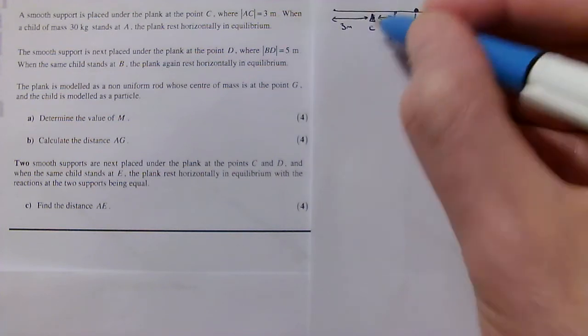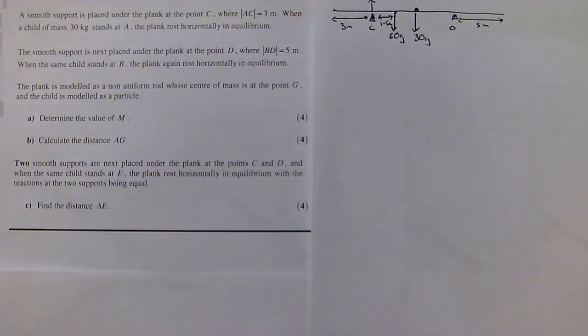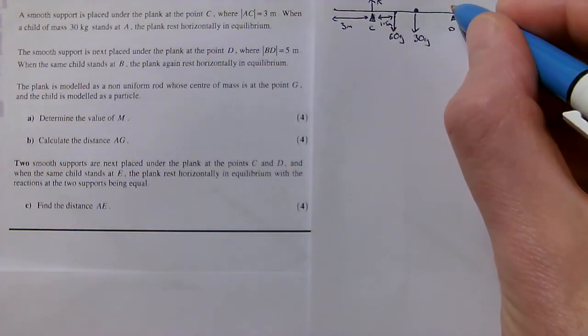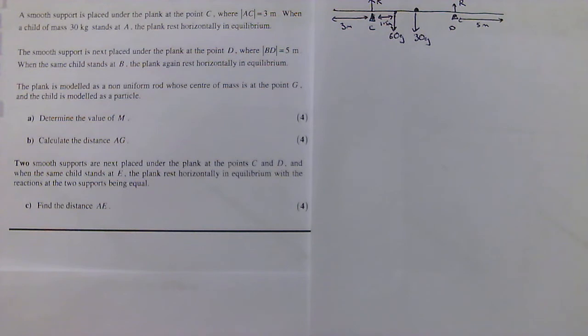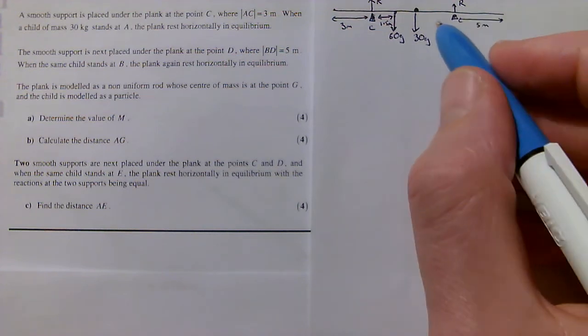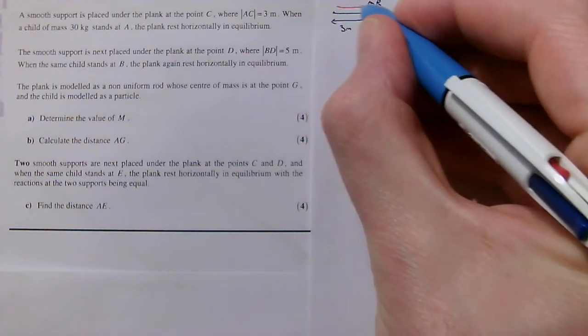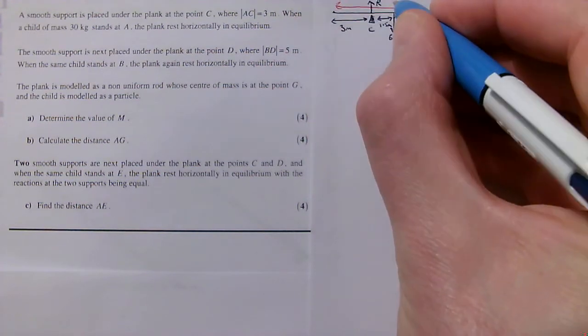And we know that the reaction at both places, C and D, is the same. So there's my reaction at C, there's my reaction at D. And we're going to call that distance here from A to E our distance x.